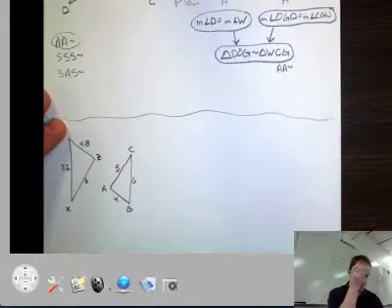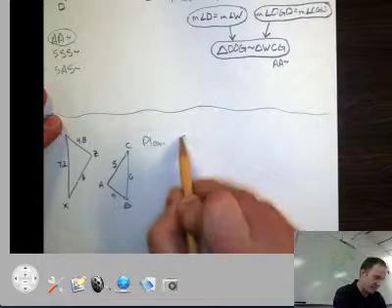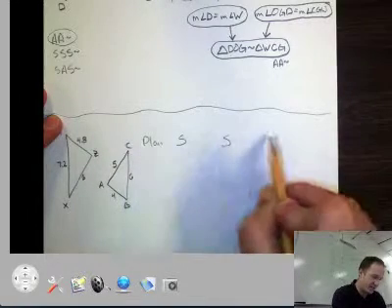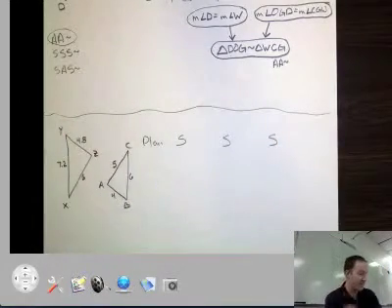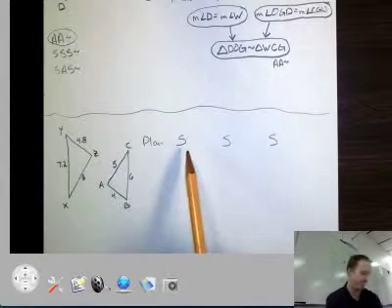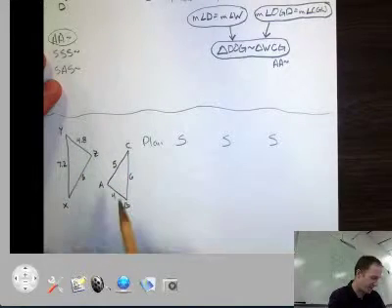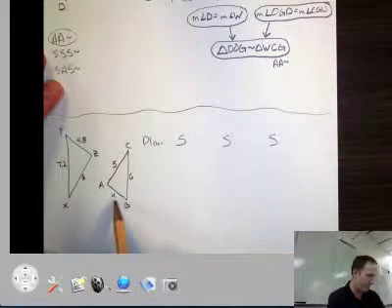So our plan here is going to be side, side, side. So anytime we see an S, that means that we've got to have a side ratio to check. Okay, so let's pick one here. Let's say we pick 4.